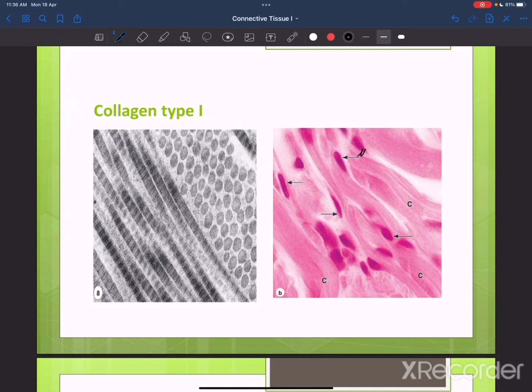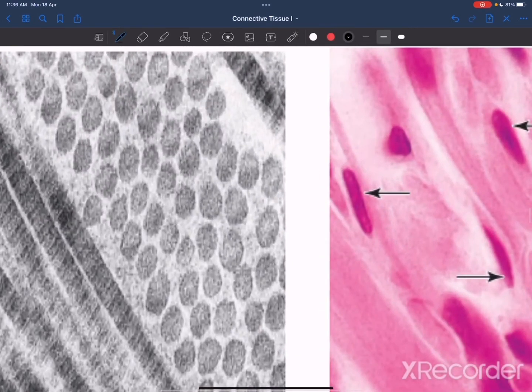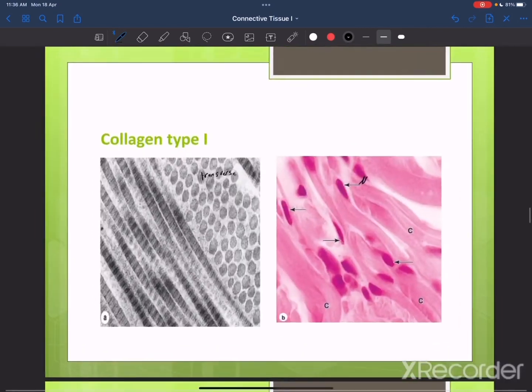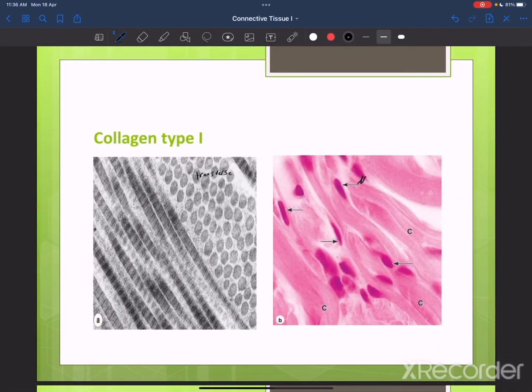On the left, from the microscope, you see both the transverse section and longitudinal section of type 1 collagen fibers. In the transverse section you cannot recognize the striation pattern, but in the longitudinal section beside it, you can clearly see the striation pattern of the collagen fibrils.